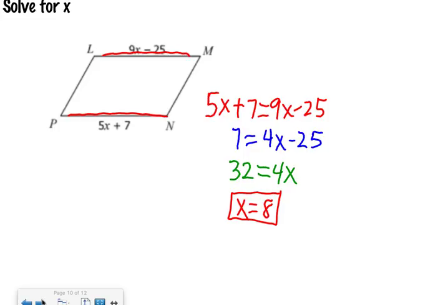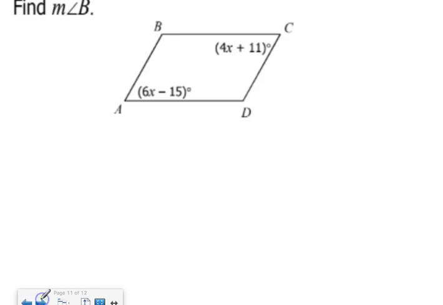Then one more example to top us off for the day. It says find the measure of angle B. Well, right now I know nothing about angle B. So let's forget about B and work with what we do know. So I know something about angle A here and angle C. And what do you guys know about opposite angles? Well, I hope you're thinking that they're equal. So here we go.